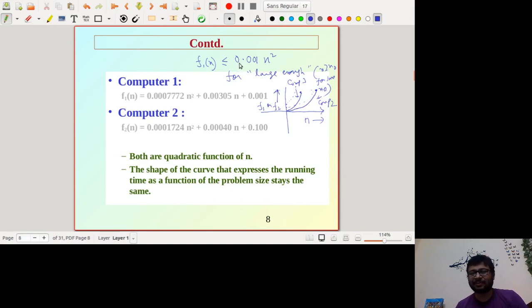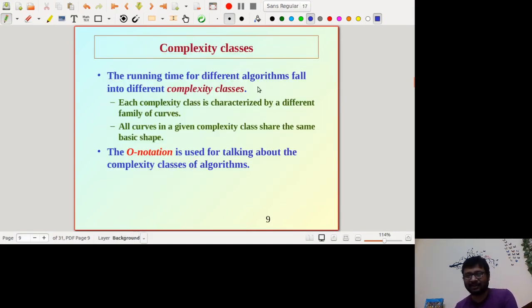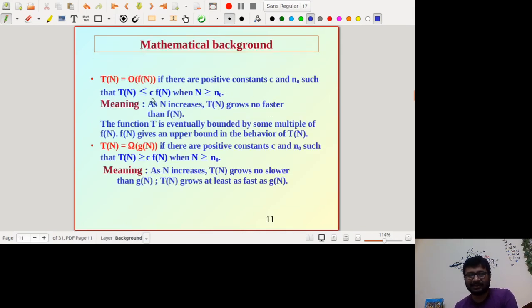So this corresponds to the constant c that we saw there. Let me point it out again. This constant c. So in that example, capital T(n) is F1(n), c is 0.001, and F(n) is n square.